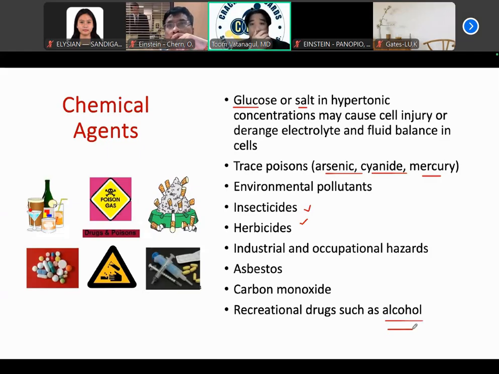Now, I want everyone to take note of this. I'm going to mention a buzzword. Let me know whether it's arsenic, cyanide, or mercury. Minamata disease. What is Minamata disease? Is it arsenic, cyanide, or is it mercury?